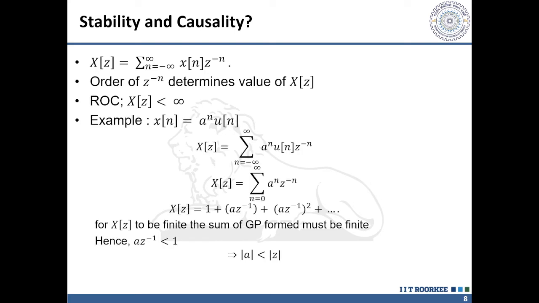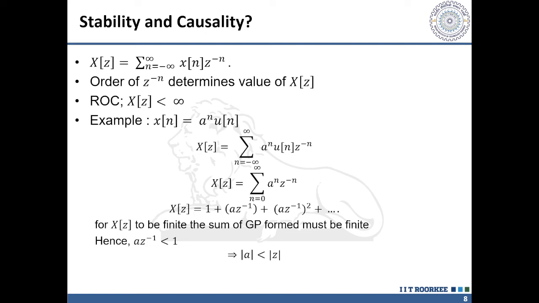Solving an example for better understanding. Let us take a signal x[n] equal to a to the power n into u[n], where u[n] is a step function. So after solving for Z transform, we get a GP summation whose common ratio is a into z to the power minus 1. And for X(z) to be finite, the summation must be finite, and for that the common ratio must be less than 1.